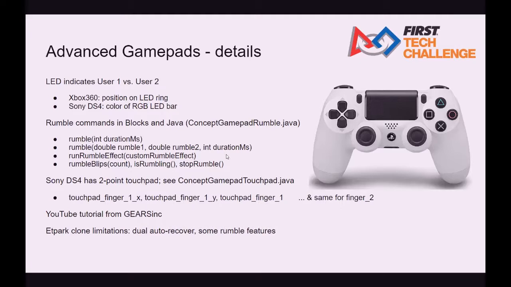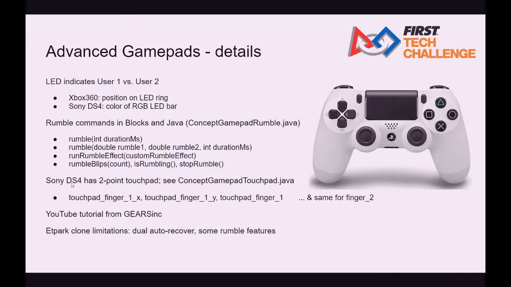The op mode will not wait for the rumbling to end. It will proceed immediately to the next line of code. This fourth bullet point lists 3 more methods: a number of rumble blips, a Boolean to determine whether a rumble is happening, and a method to stop a rumble.